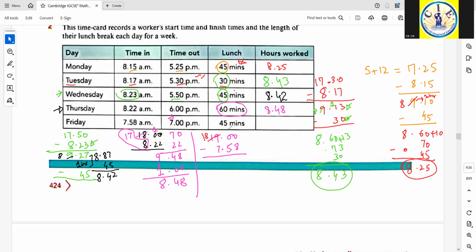Here would be 18 and I need to give one carry that gives 70 minutes and I need to subtract 58 from it. This is 12 minutes and then from 18 I need to subtract 7 which will give me 11.